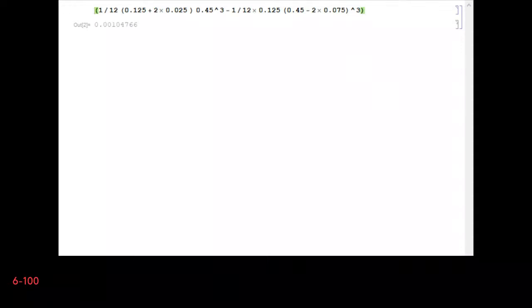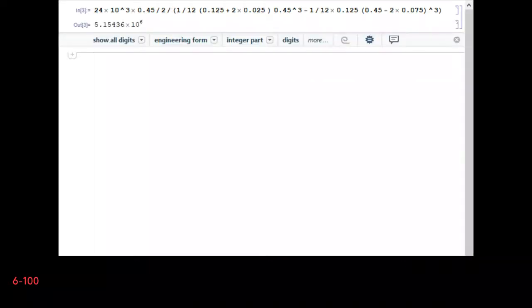So this was the bending moment diagram, and the maximum value of the bending moment is 24 kilonewton meters. So 24 kilonewton meters multiplied by 0.45 divided by 2, and we divide it by the moment of inertia, and then we obtain the value. It is 5.154 megapascals.